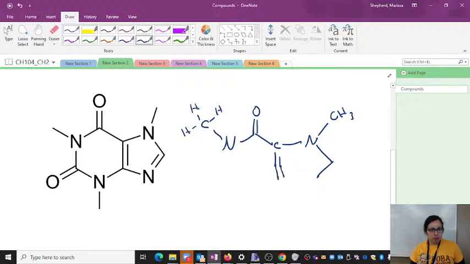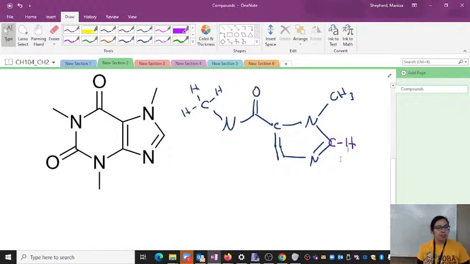Sorry, my drawing skills. So nitrogen, carbon here. So carbon, and this carbon has 1, 2, 3 bonds right now, so it has to have a hydrogen there. It's not explicitly drawn.